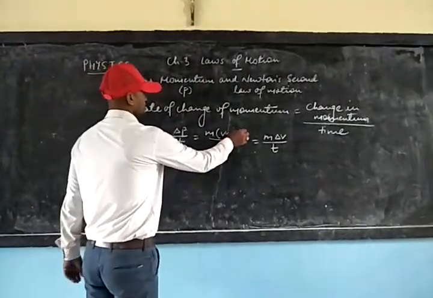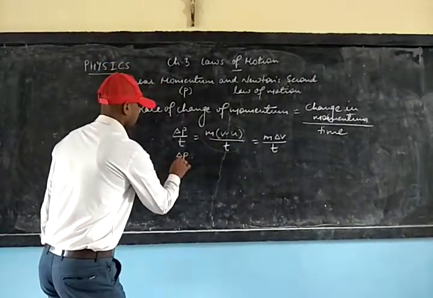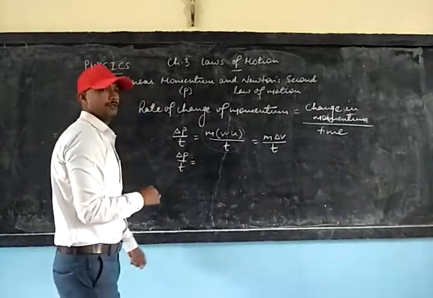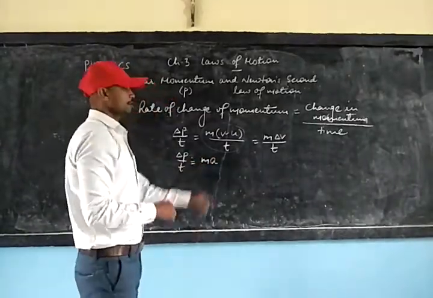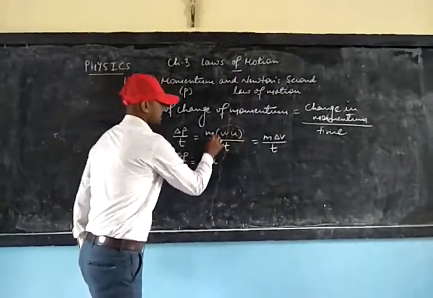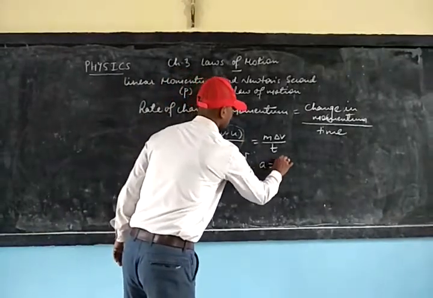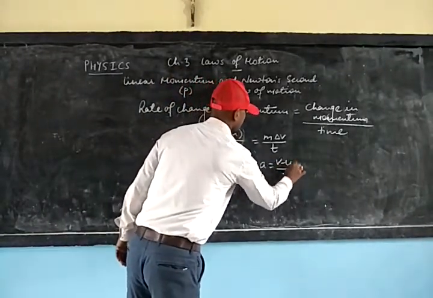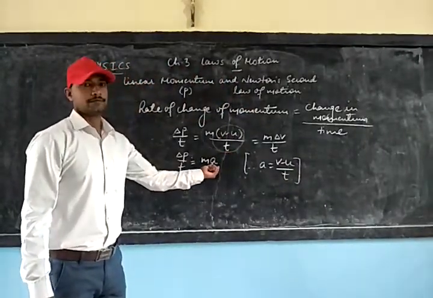Now once again we can write rate of change of momentum is equal to m into acceleration, because (v minus u) upon t means acceleration. Since we know acceleration is equal to (v minus u) upon t, we can replace this by a.